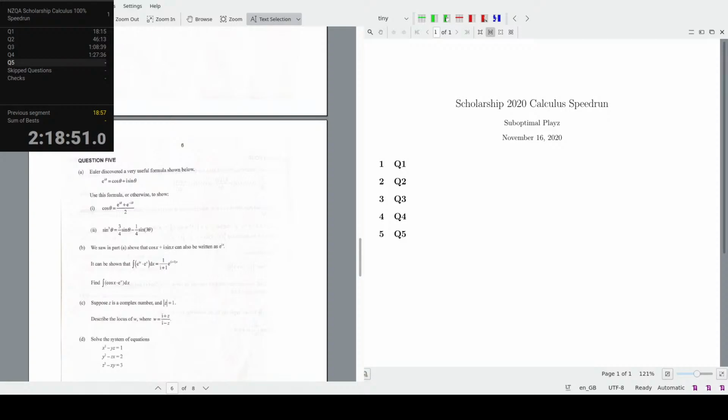I don't think bounding. Also, NZQA seems to imply that there's only one solution. Alright, I'm fairly sure.